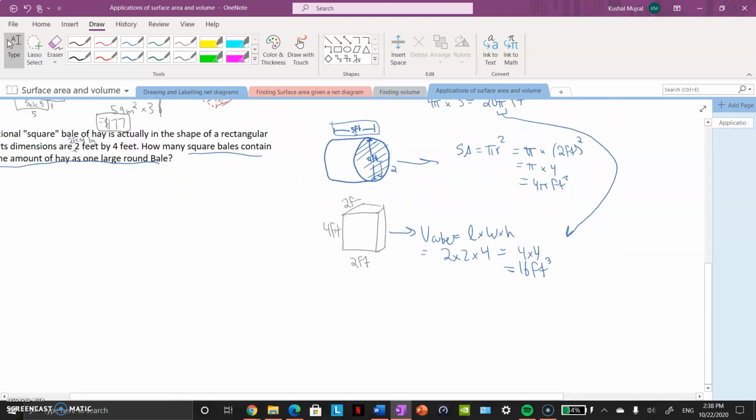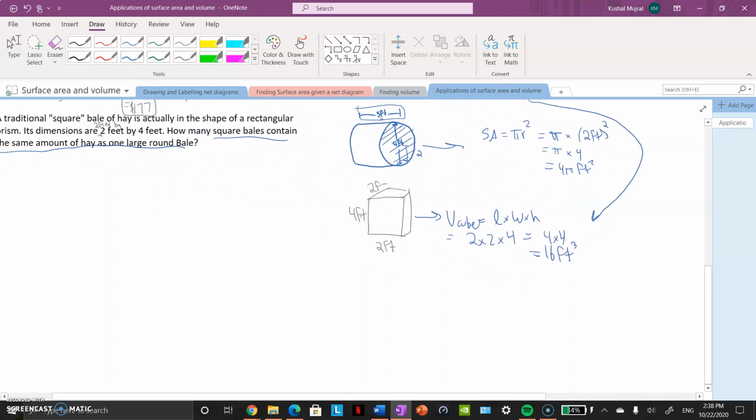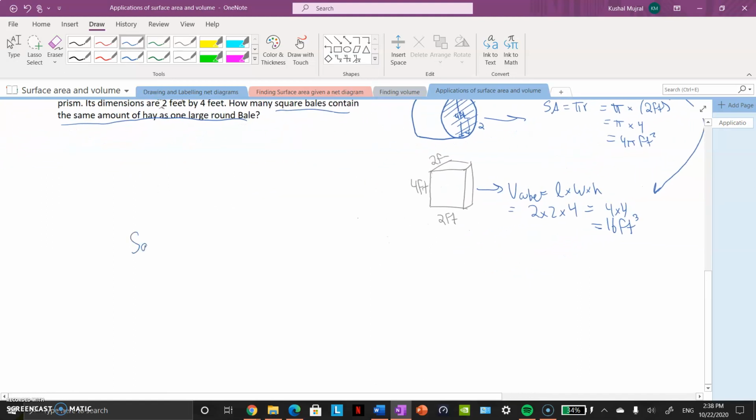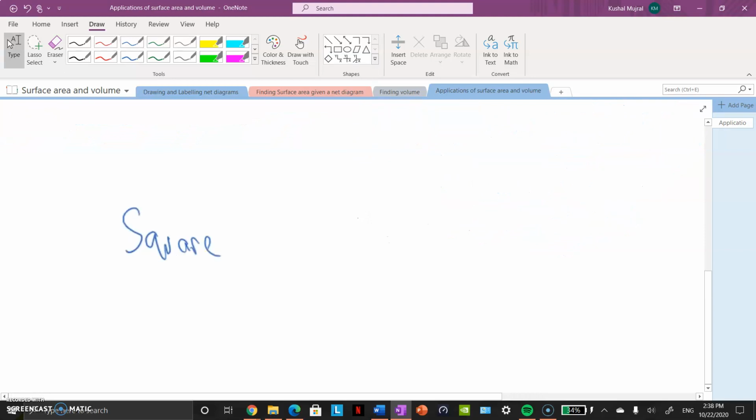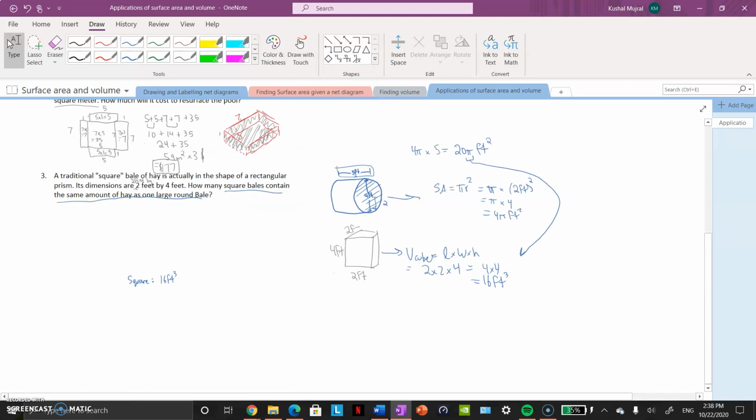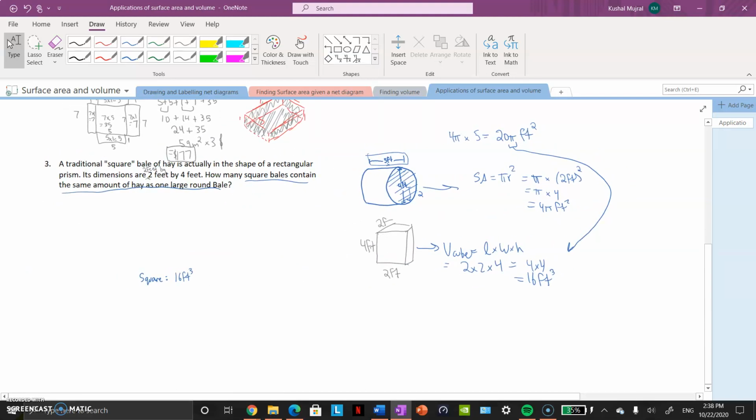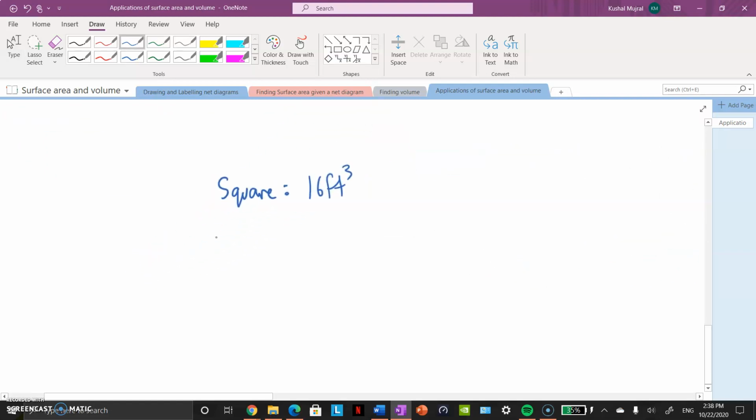So how many square bales contain the same amount of hay as one large round bale? So a square, let me rewrite that, it's really messy. A square contains 16 feet cubed, like we said over here, and the round is 20 pi feet cubed.